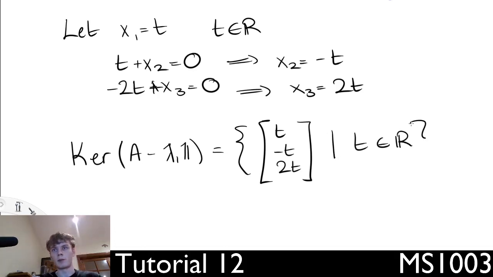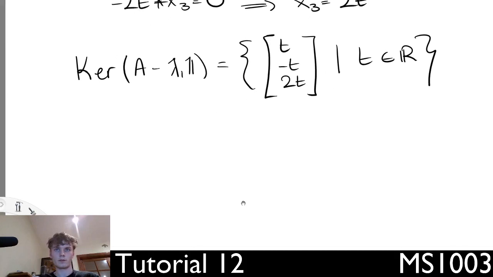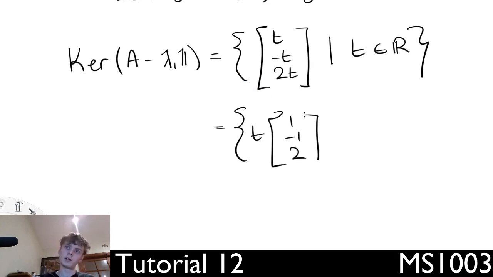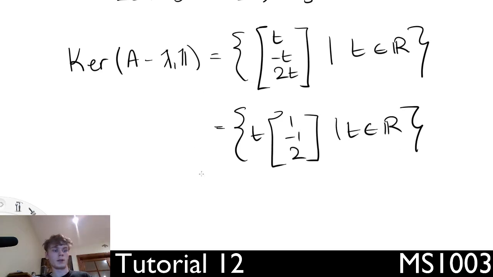Okay, I've found my kernel. And so I can obviously factor out t to get 1, minus 1, 2. And so this tells me that the kernel is going to be the span of just this vector right here. And so that tells me that the eigenbasis is going to be just the span of this vector.